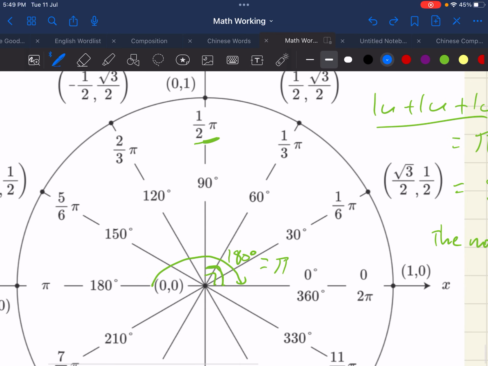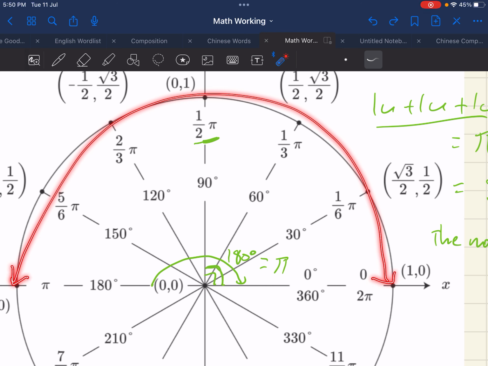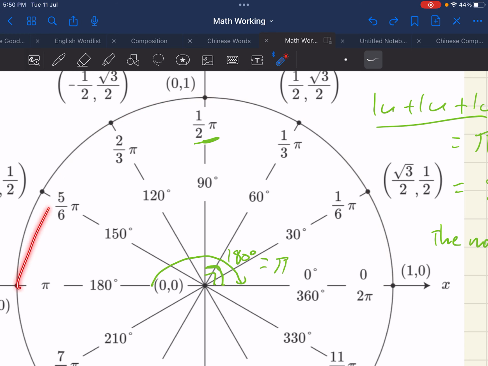Also, the reason behind half pi is that over here, we know the length of this is pi also. It's basically just pi r. The length of a circumference is pi r. So this whole length is represented by pi.